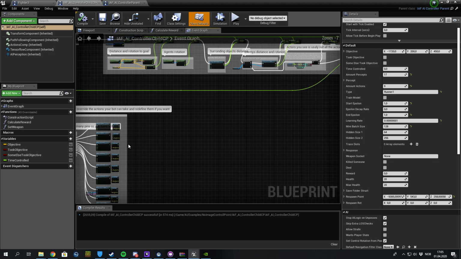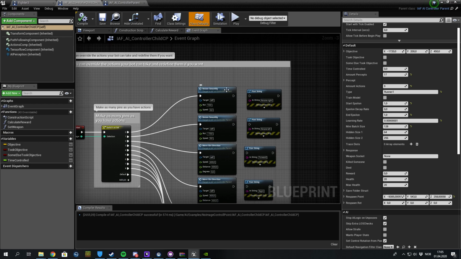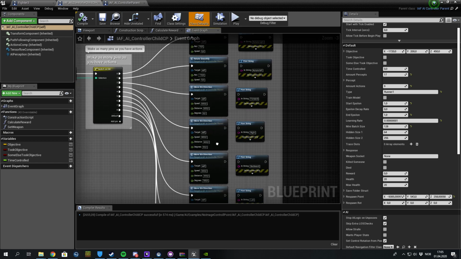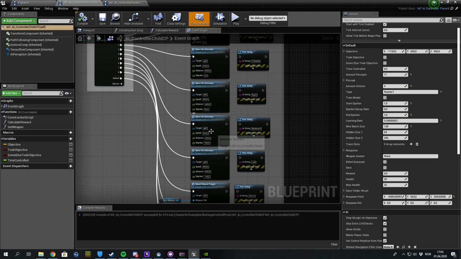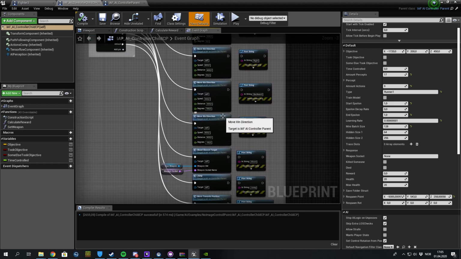Other than that, we have the set of behaviors that I talked about, which we have right here. We have rotate smoothly, it rotates to the right, I think, and then rotates to the left by 10 degrees. And then we have move direction: forwards, it moves a bit fast, it moves a bit slower right and left, a lot slower backwards, and then very slow in the direction of the goal.